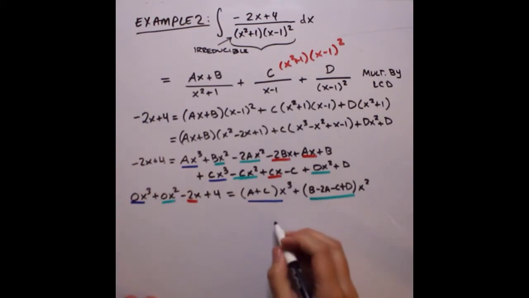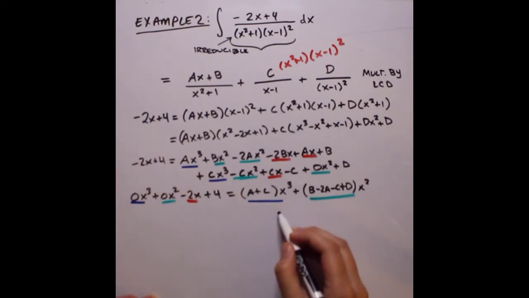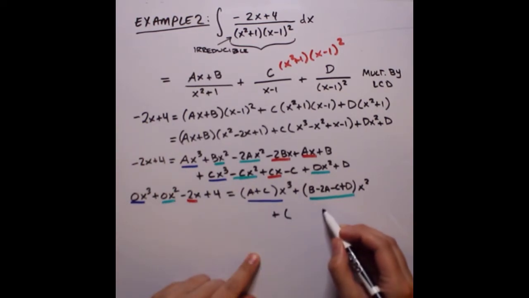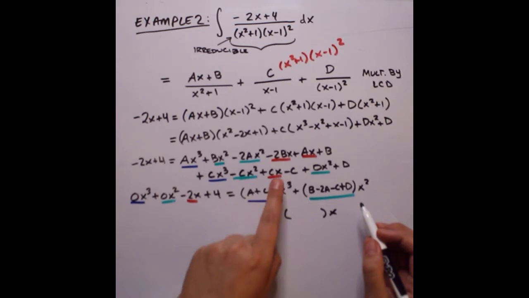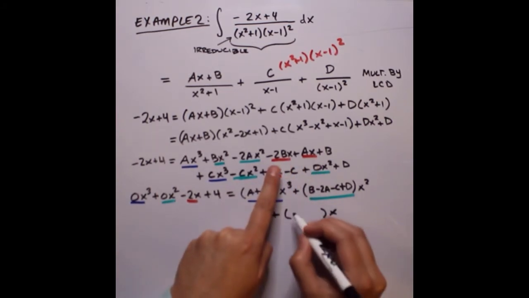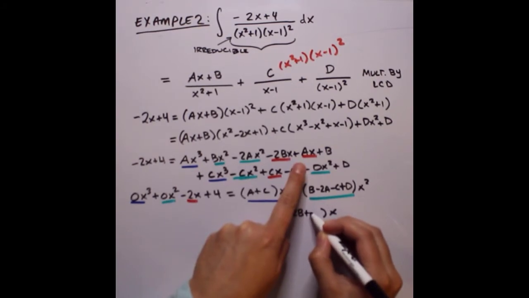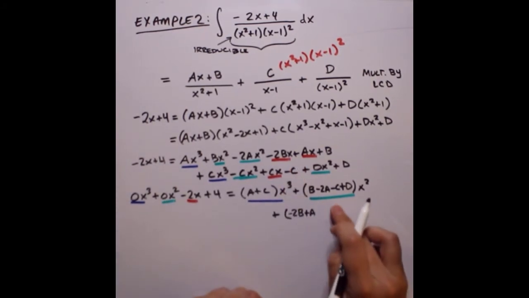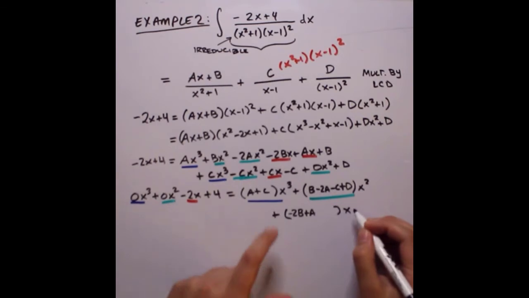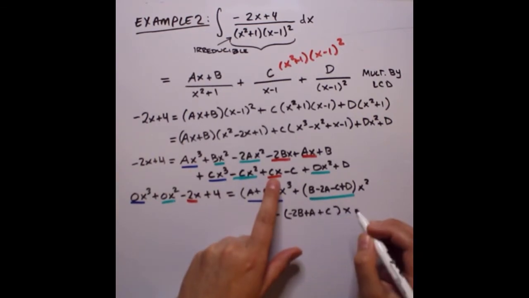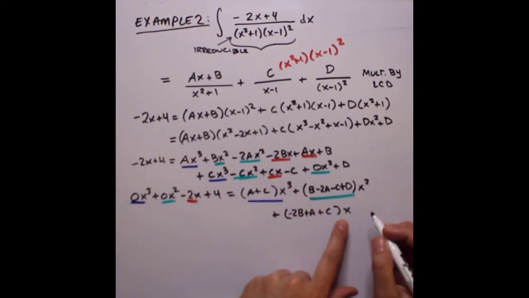Okay, just to save some space, I'm going to just move down here. This is going to be factoring out my x from the back of the terms in red. So we have a minus 2b when we factor out x plus a, let me give myself more room, plus c. And then the x came out of those. You can bring it back in to see that you'll get those 3 terms.